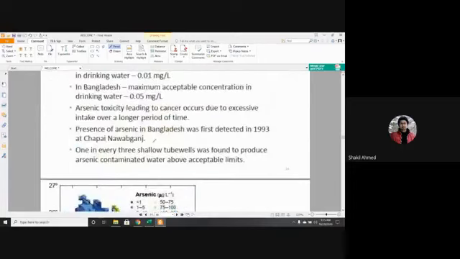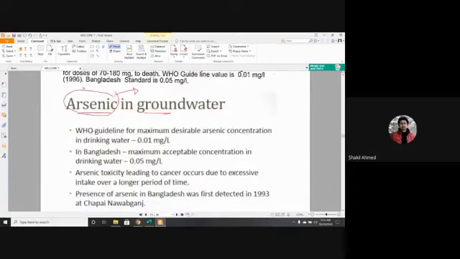By the way, WHO guideline for maximum desirable arsenic concentration in drinking water is 0.01 milligram per liter. In Bangladesh, the maximum acceptable concentration we have used is 0.05 milligram per liter.